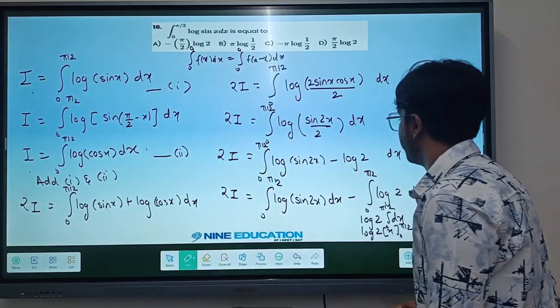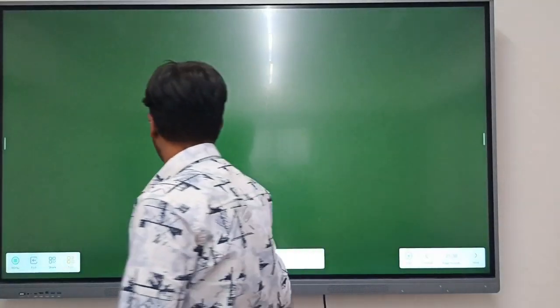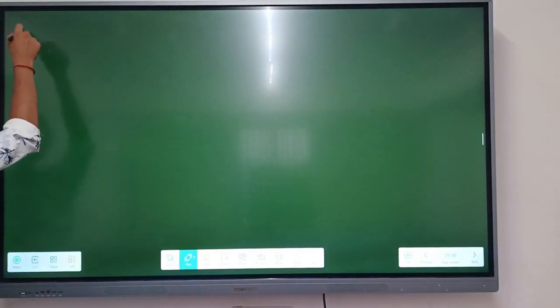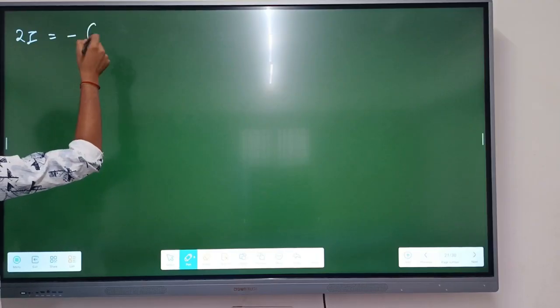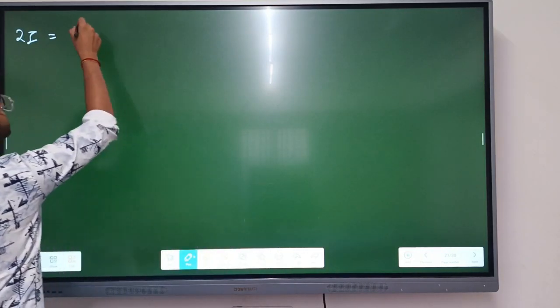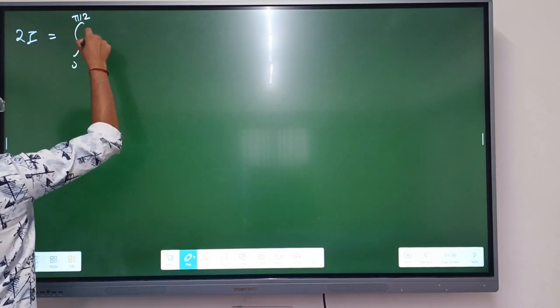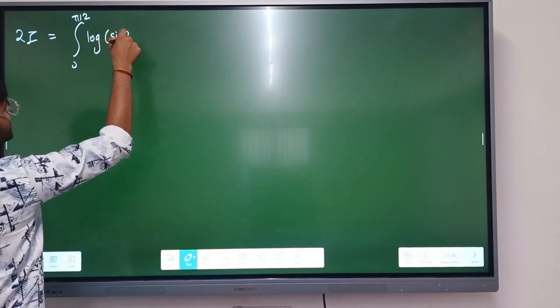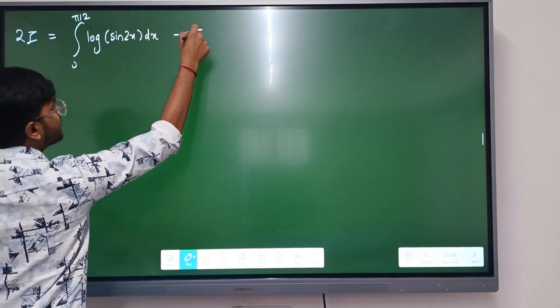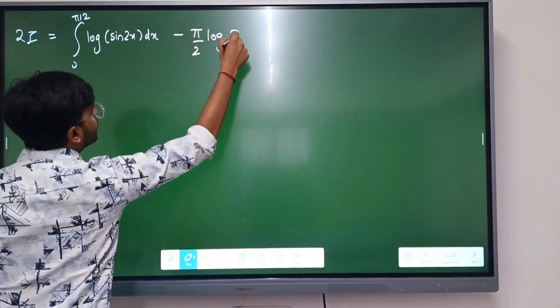So this value is pi by 2 log 2. So what am I getting? I am getting 2I is equal to integral 0 to pi by 2 of log of sine 2x dx minus pi by 2 log 2.